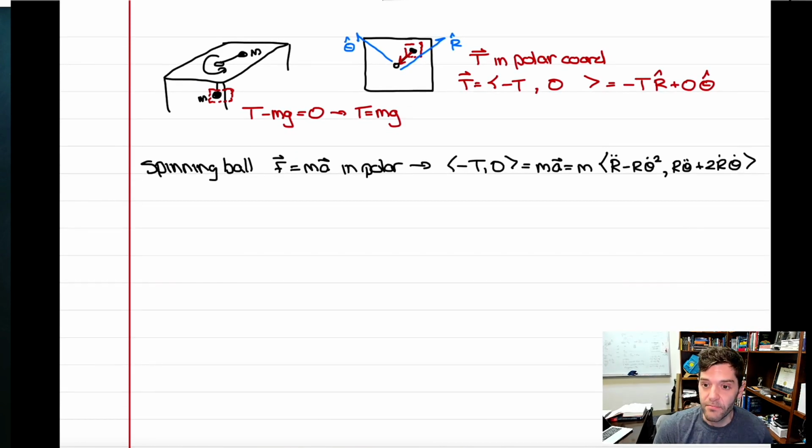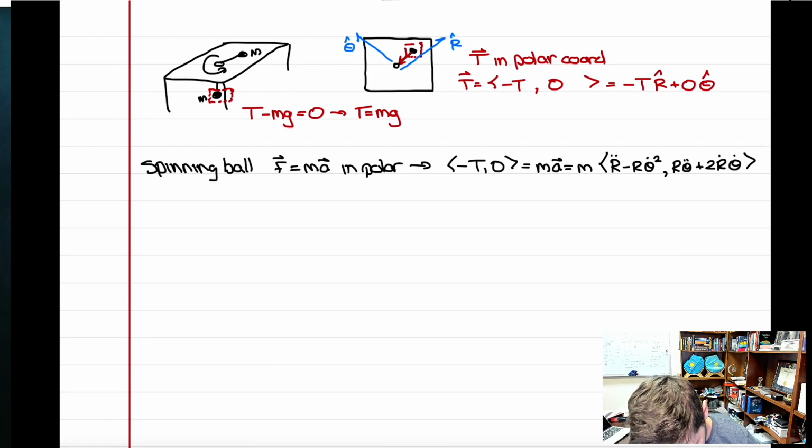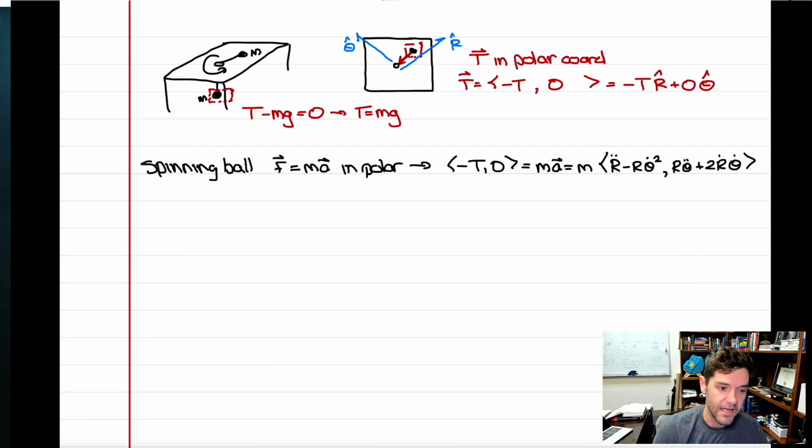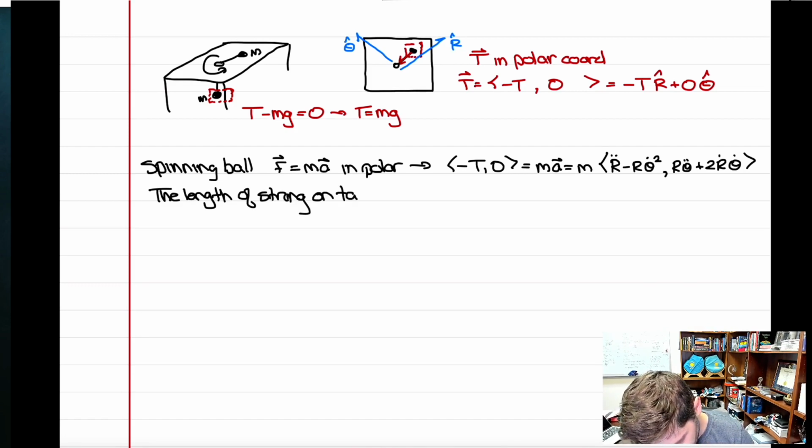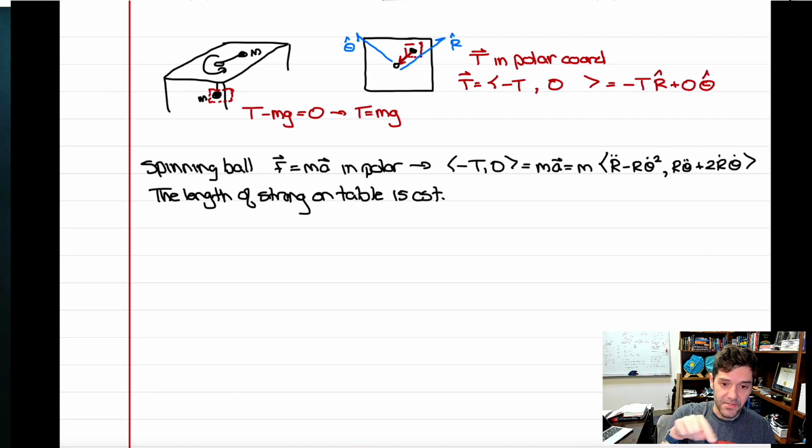However, in this case, some simplifications can be made, right? If the hanging bob is not moving up and down at all, the length of the string on the table is constant. The thing that's spinning on the table is not getting closer to the center, nor is it getting farther away from the center.